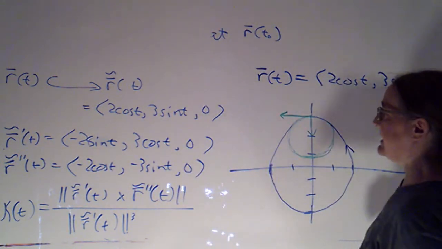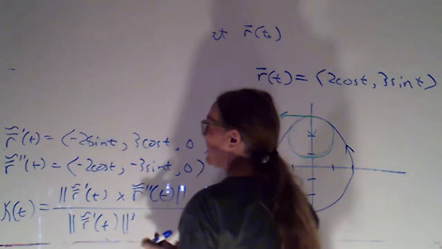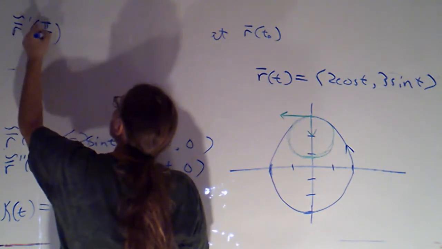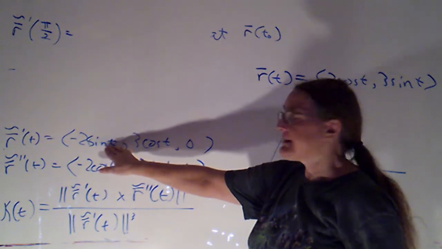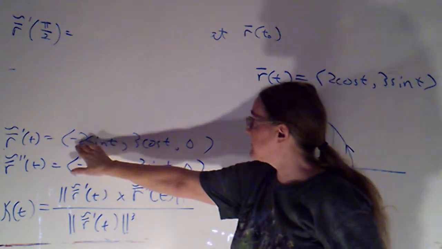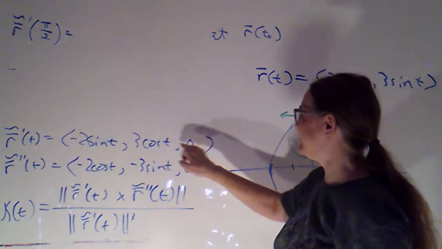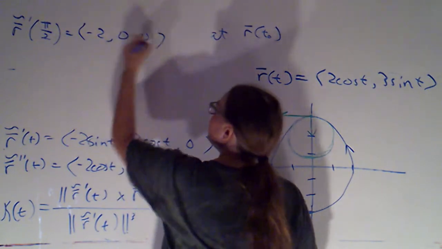So r tilde prime at pi over 2: sine of pi over 2 is 1, so this is going to be negative 2, 0, because cosine of pi over 2 is 0, and 0. Okay, so (negative 2, 0, 0).